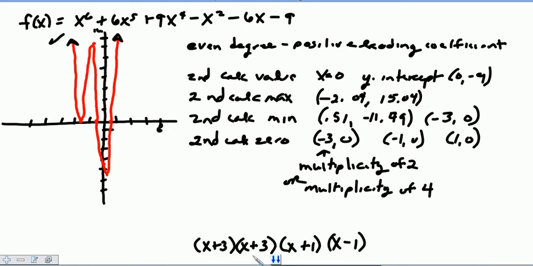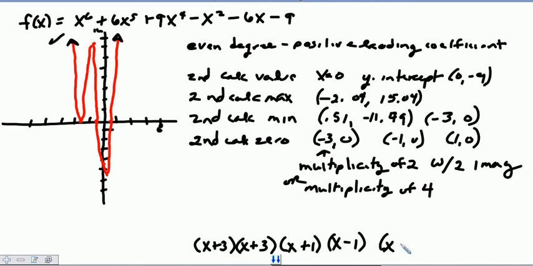So either this x plus 3 actually occurs 3 times or 4 times, so that it has an even multiplicity and I have a total of 6 factors, or this x plus 1 occurs 3 times, so it has an odd multiplicity, or this x minus 1 occurs 3 times, or this has a multiplicity of 2 with 2 imaginary roots, which is what this particular one is.